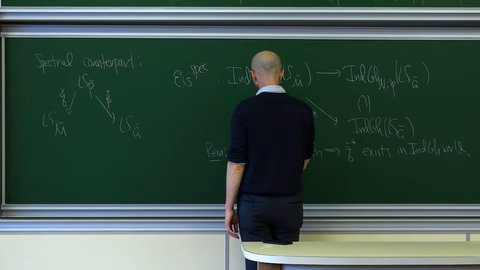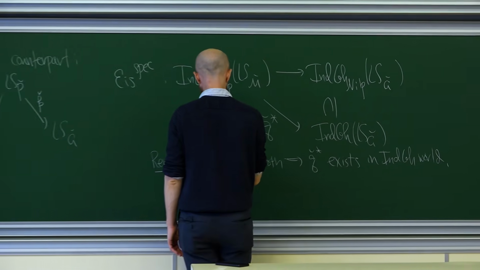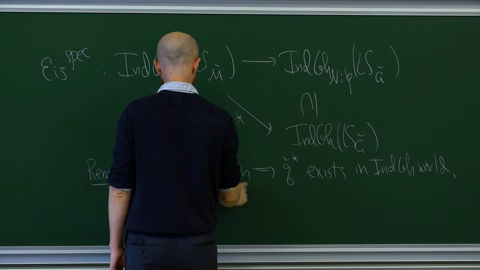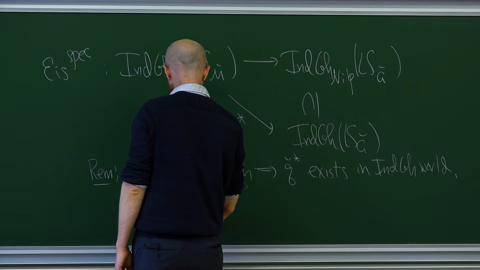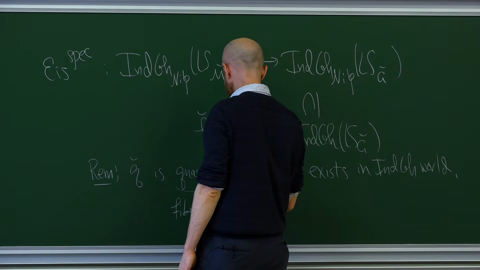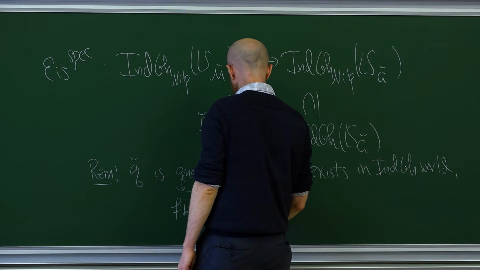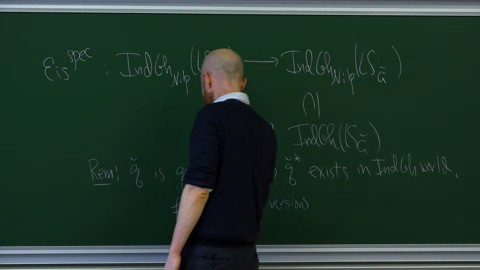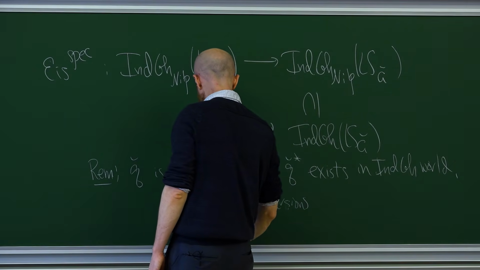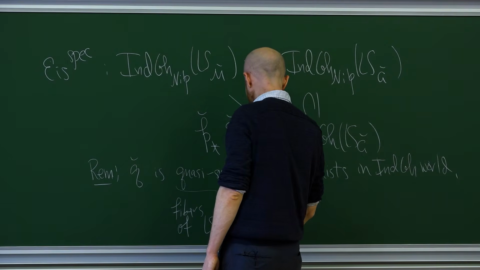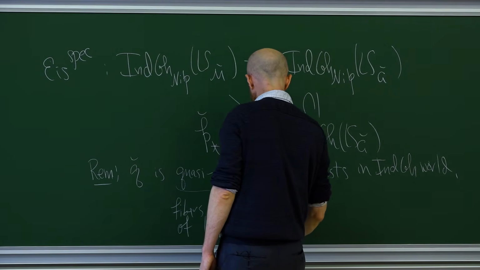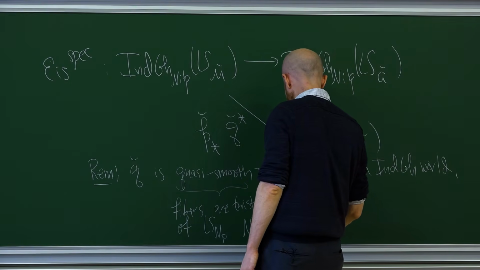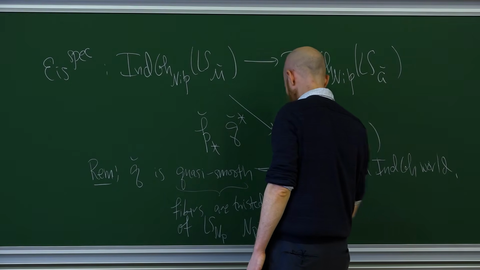Maybe let me comment here that the fibers are sort of twisted versions of the stack of N_P-local systems, where N_P is the unipotent radical of P check.